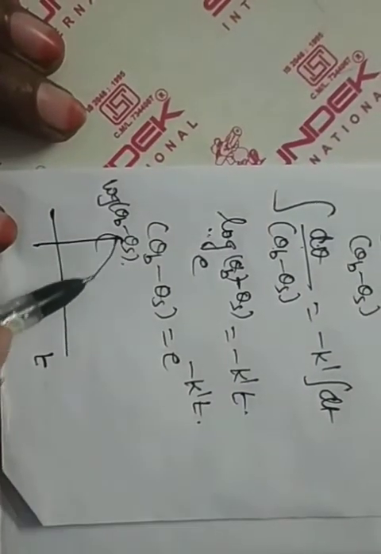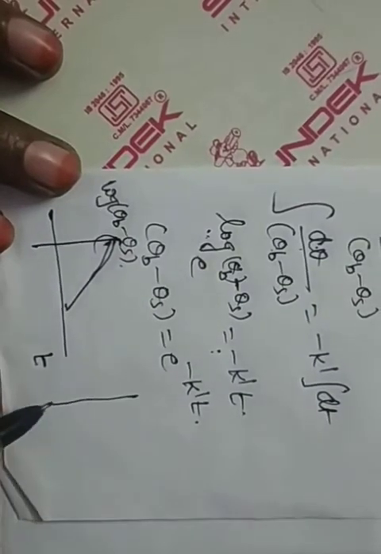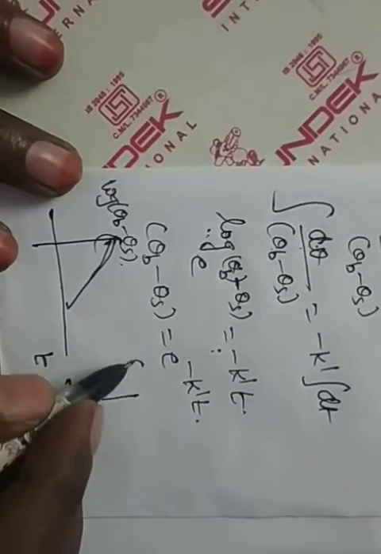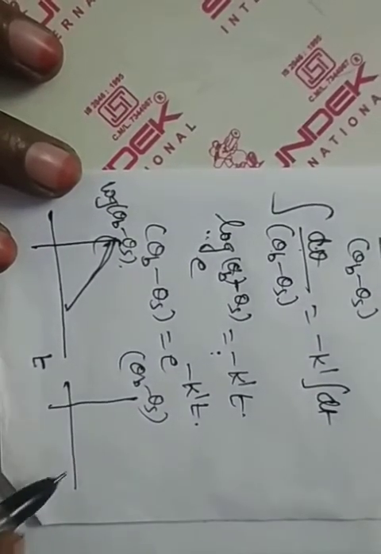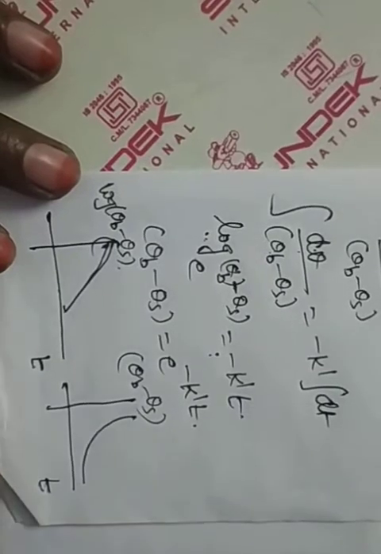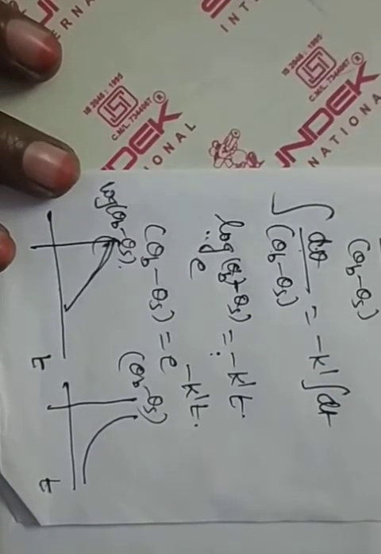So when the graph is drawn between the logarithm of theta B minus theta S and time, you can write it like this. This is a straight line because the negative term is present. Otherwise, if the graph is drawn between theta B minus theta S and time, it is exponentially decreasing. You can write it like this.